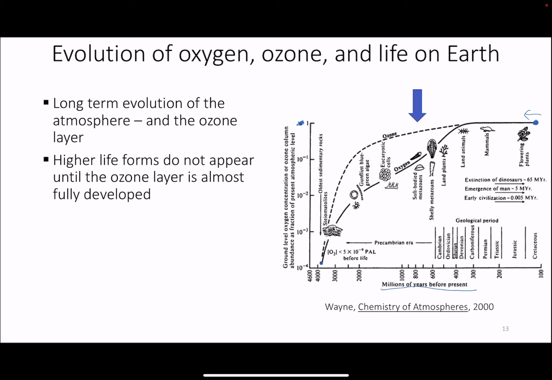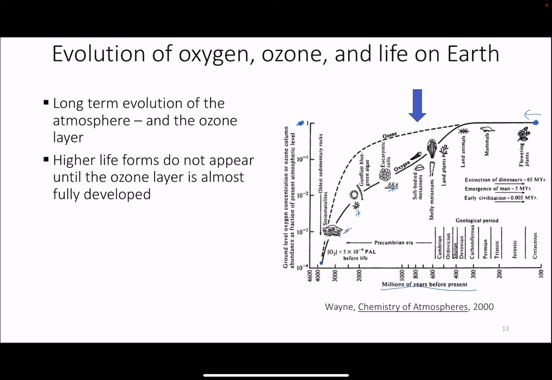Basically, it's the beginning of the buildup of oxygen in the atmosphere, and that's the solid line. It shows this solid line and where you first see in the Precambrian some evidence of fossils. That's what these various little things are. And this dashed line is the formation of ozone.